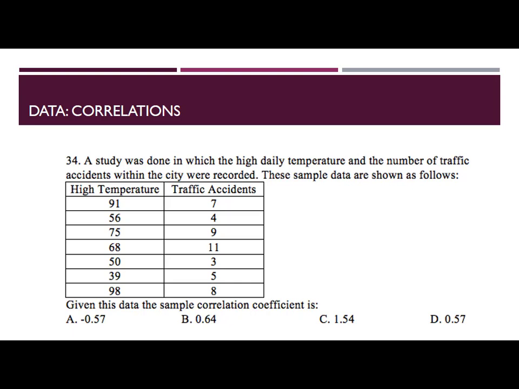In any case, this is clearly looking like somebody's test question. And look at the bottom. It says, given the data, the sample correlation coefficient is, and somebody ended up doing all the math. They're asking you whether the correct answer is negative 0.57, negative 0.64, 1.54, or positive 0.57. Now, one of these answers is a total dummy answer.